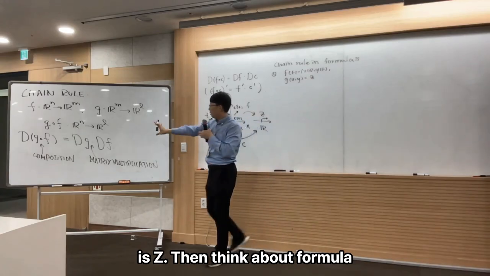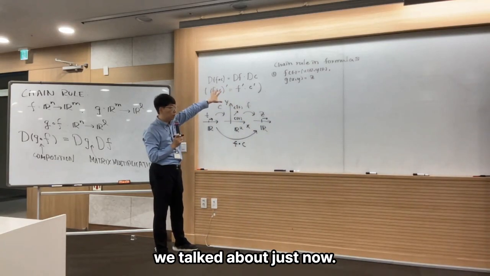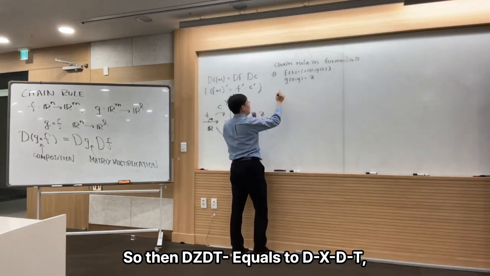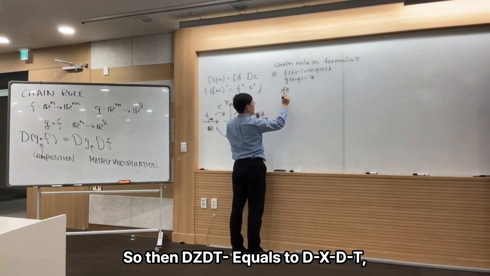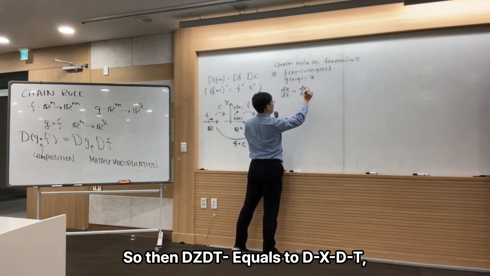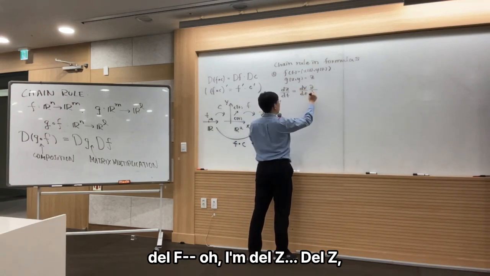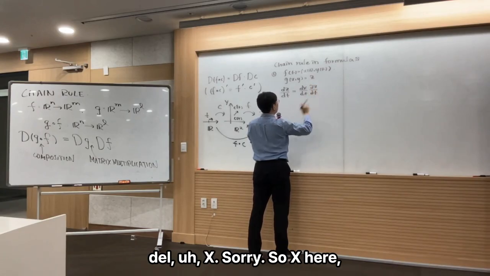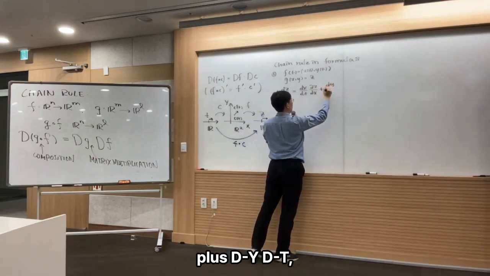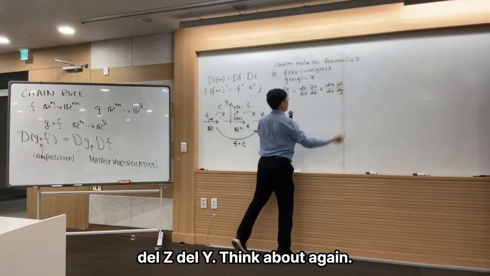Think about what the formula should be, since this is the same situation we just talked about. Then dz/dt equals dx/dt times ∂z/∂x plus dy/dt times ∂z/∂y.